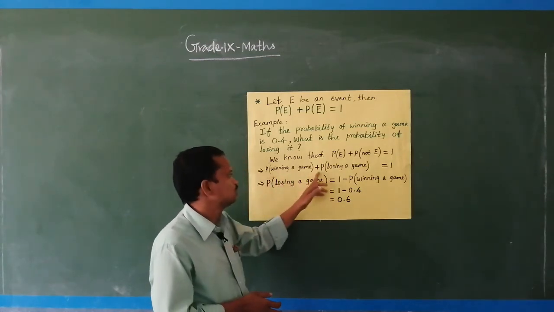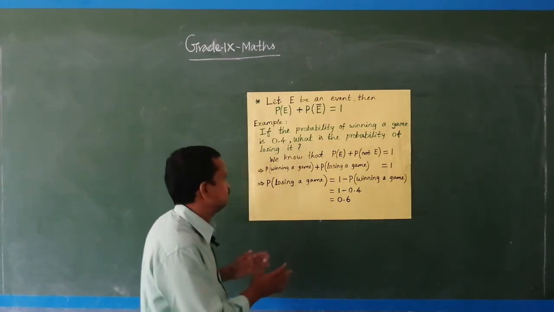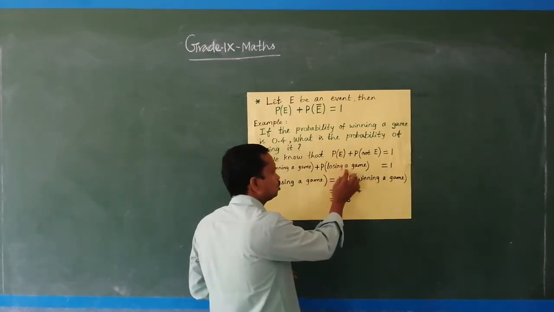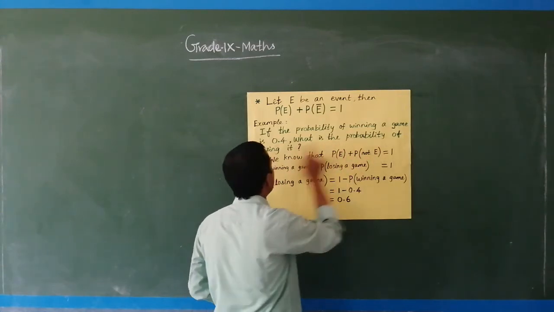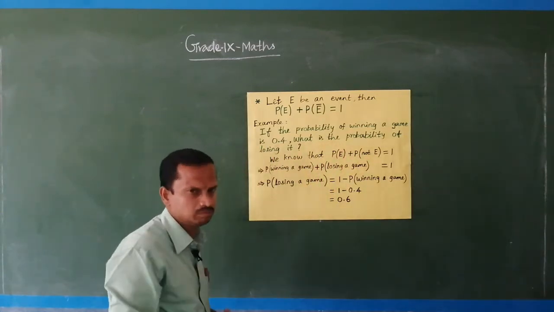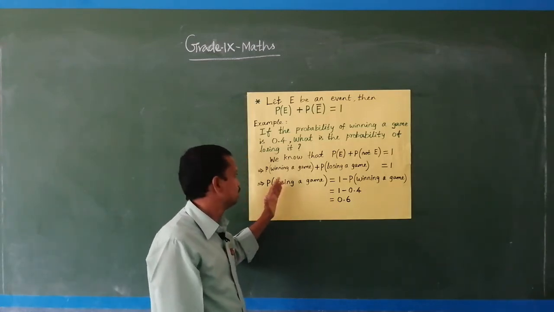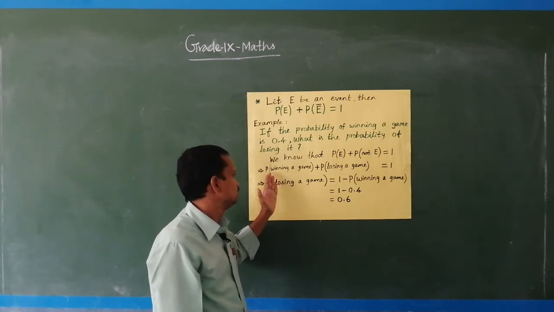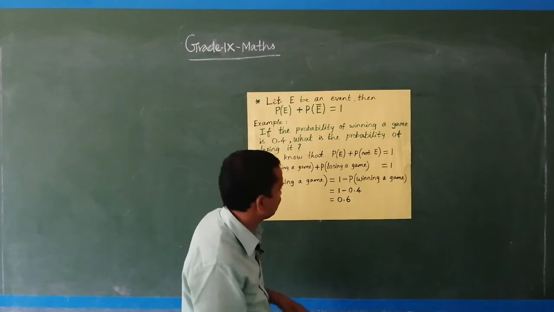If you add both probabilities, it is equal to 1 according to this formula. So, the probability of winning a game plus the probability of losing a game is equal to 1. You have to keep the probability of losing a game on the left side, because in the question they are asking the probability of losing the game. You transpose the probability of winning a game to the right side.